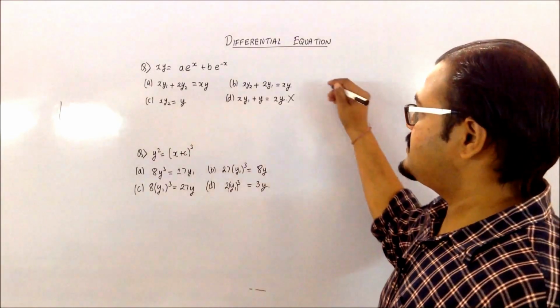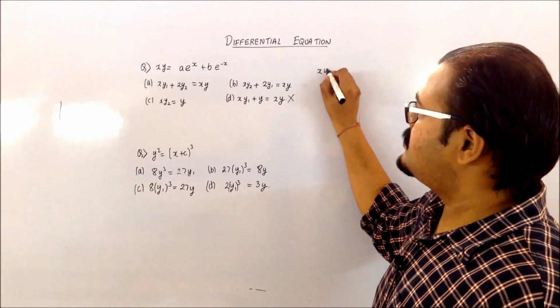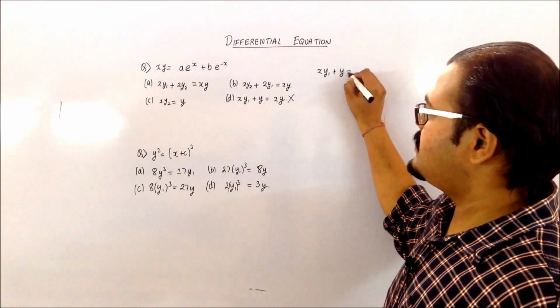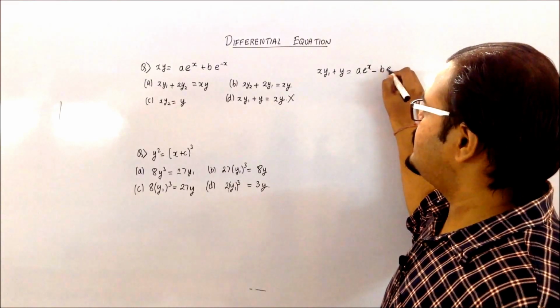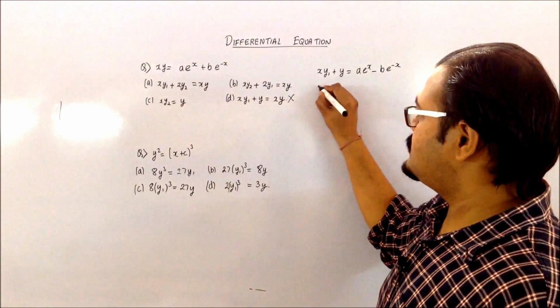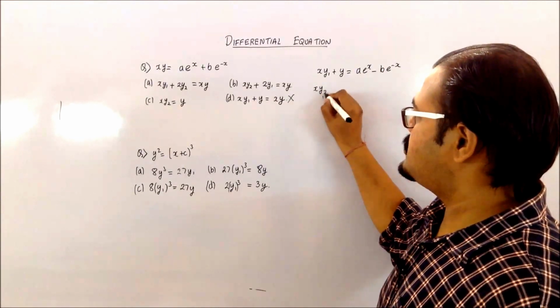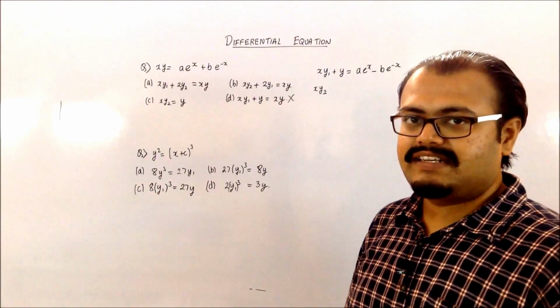If you differentiate that equation, using the UV rule you will get x into y1 plus y equals a e raised to x minus b e raised to minus x. Differentiating again, x y1 will change to y2. y1 and y2 are basically the single derivative and the double derivative terms.